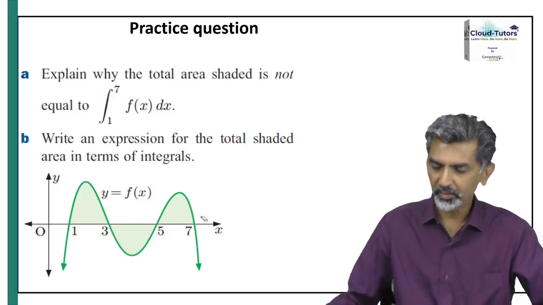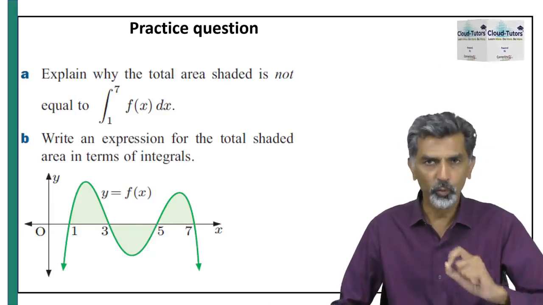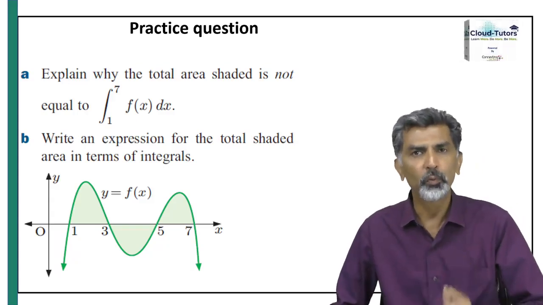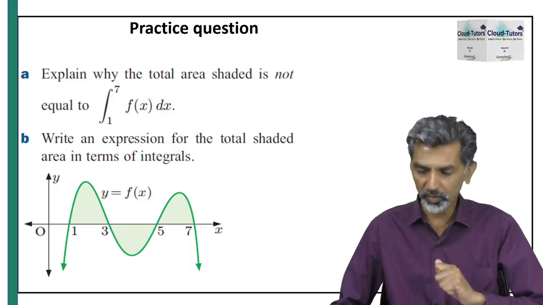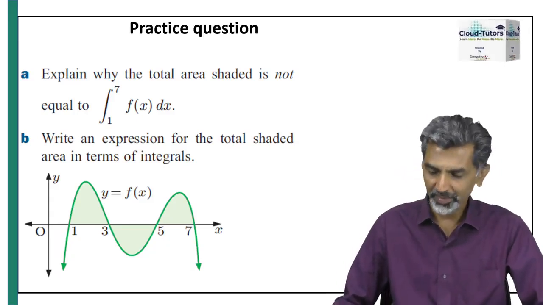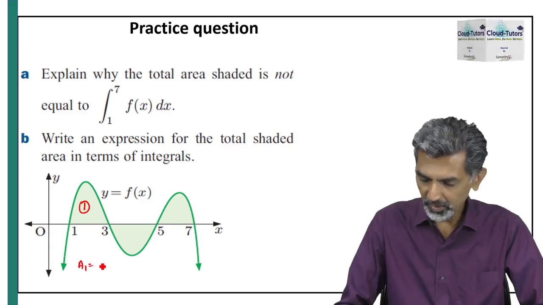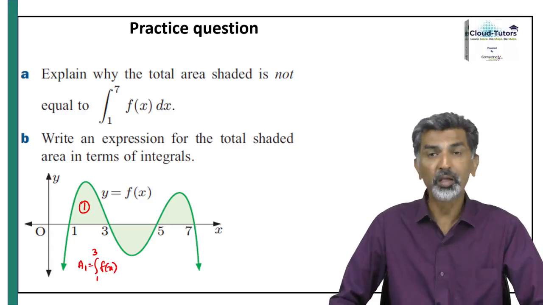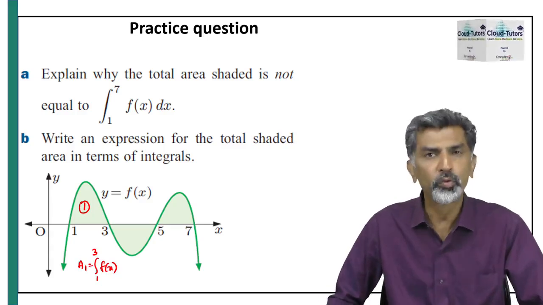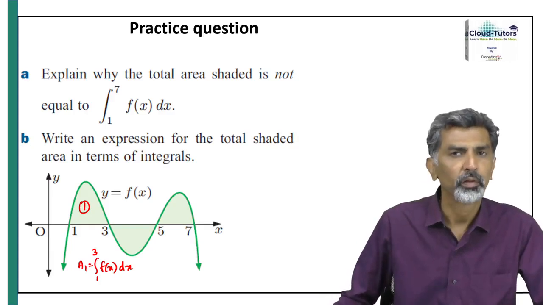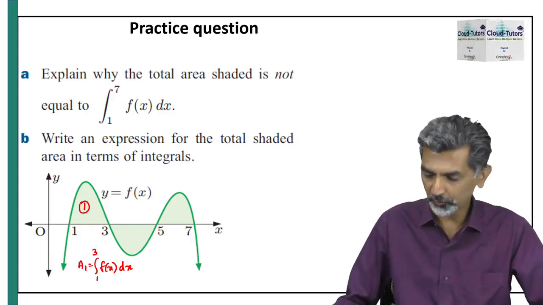So if you apply the approach which says in every region we need to be aware of what is the upper curve and what is the lower curve, then for region 1, the area is 1 to 3, f of x is the upper curve, y is equal to 0 is the lower curve. So that's the area of the first part.